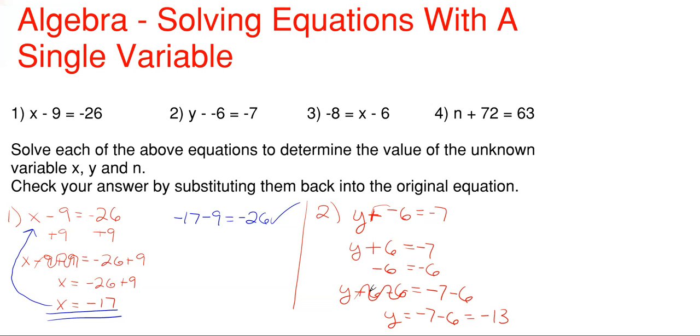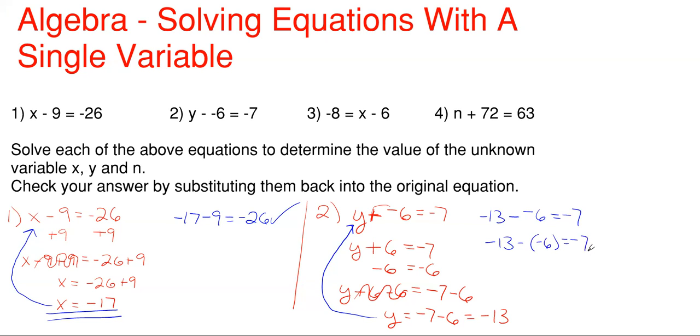Just like before, I'm going to take this y of minus 13 and plug it back into the original equation to make sure that it does in fact equal minus 7. So then we have minus 13 minus a minus 6 equals minus 7. You can also write this minus minus 6 like this.